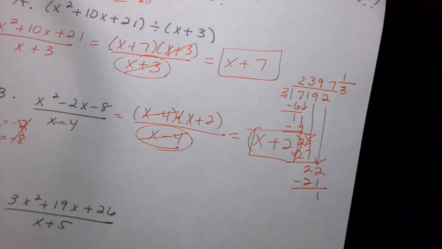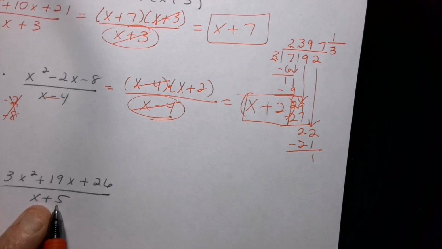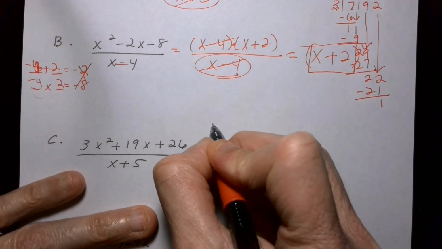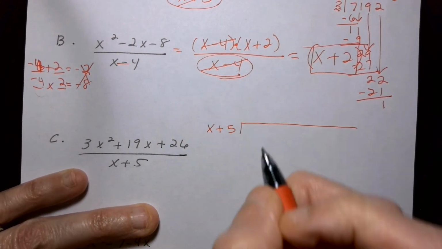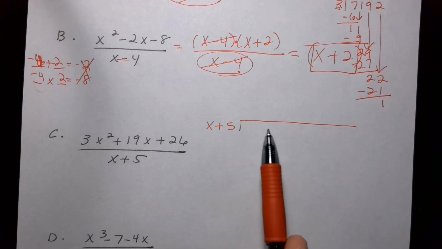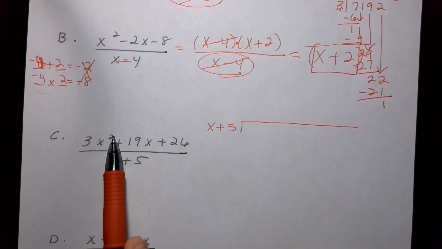Now you're going to learn long division with variables. So remember, the bottom is the one that goes on the outside. So I'm going to set it up. I'm going to go up here, x plus 5, and I'm going to literally set it up. But now here is the key. You got to make sure that there's a place for everything in descending order. So before I write this in here, I'm going to look on the top and see x squared.